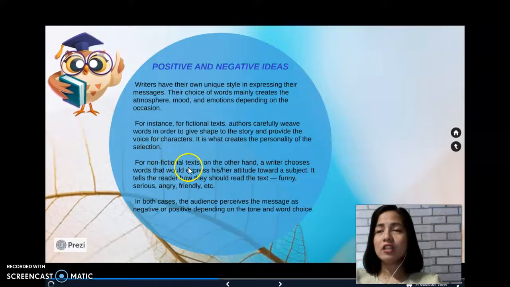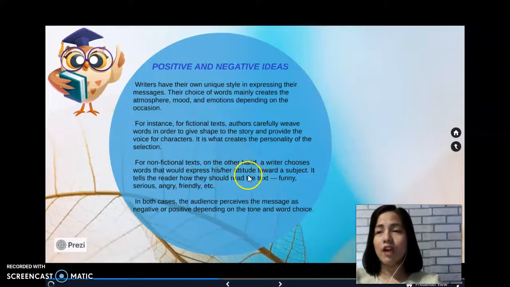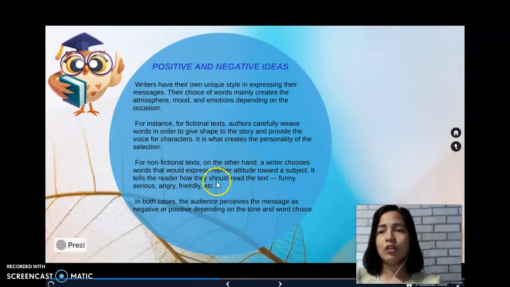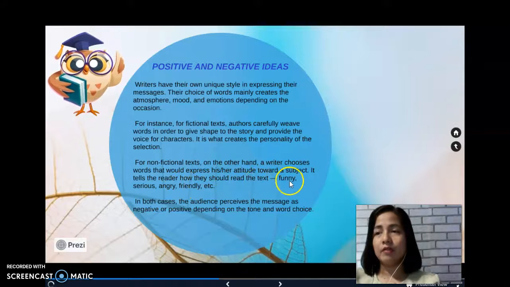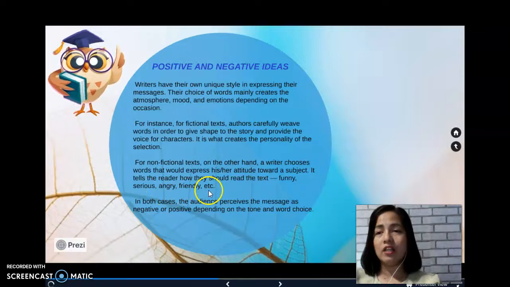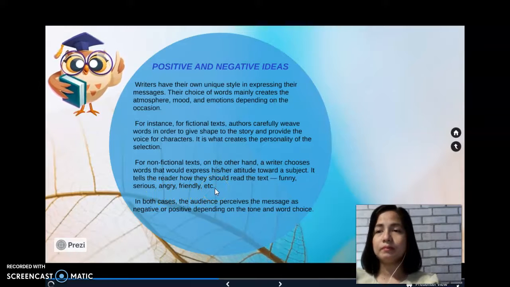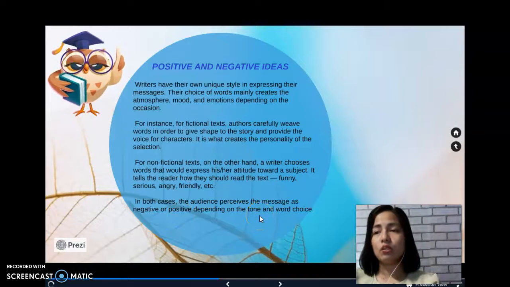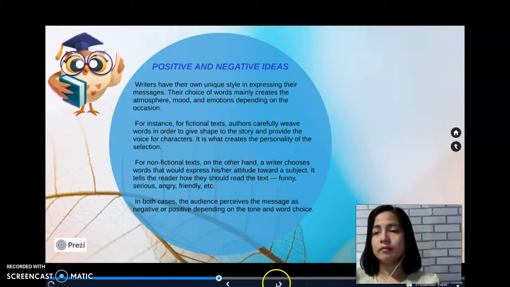For non-fictional texts, on the other hand, a writer chooses words that would express his or her attitude toward a subject. It tells the reader how they should read the text, if it's funny, serious, angry, friendly, and others. In both cases, the audience perceives the message as negative or positive depending on the tone and word choice.